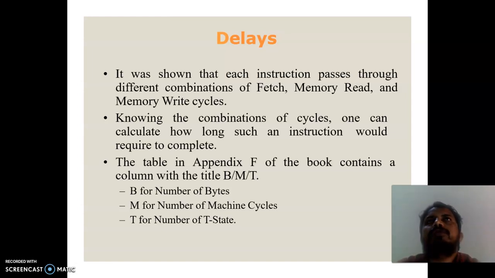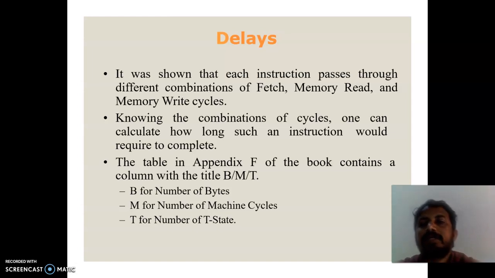Once after 1 second, I want to display 2. After 1 second, I want to display 3. Like that, I want to proceed. So this can be achieved by having a delay. The delay between 1 and 2 is what? 1 second. So this is one delay.